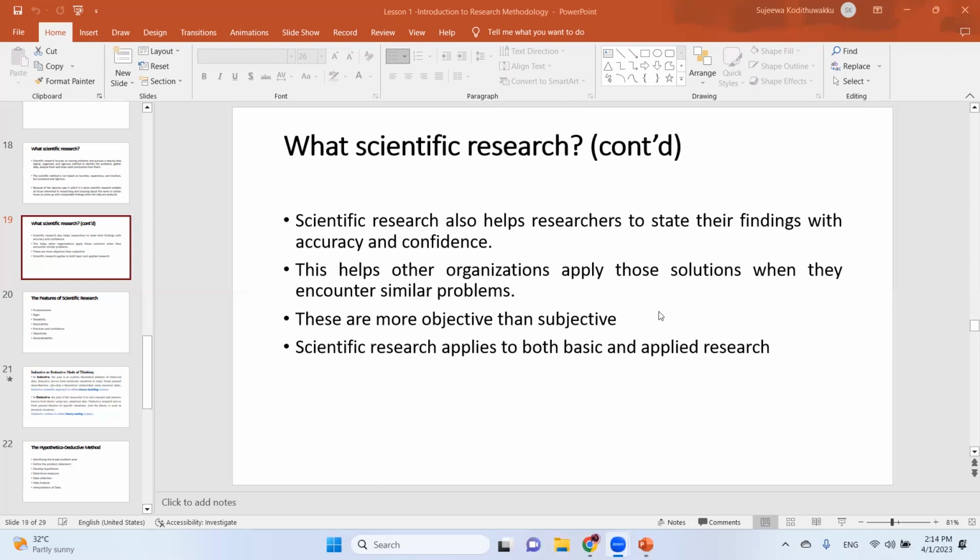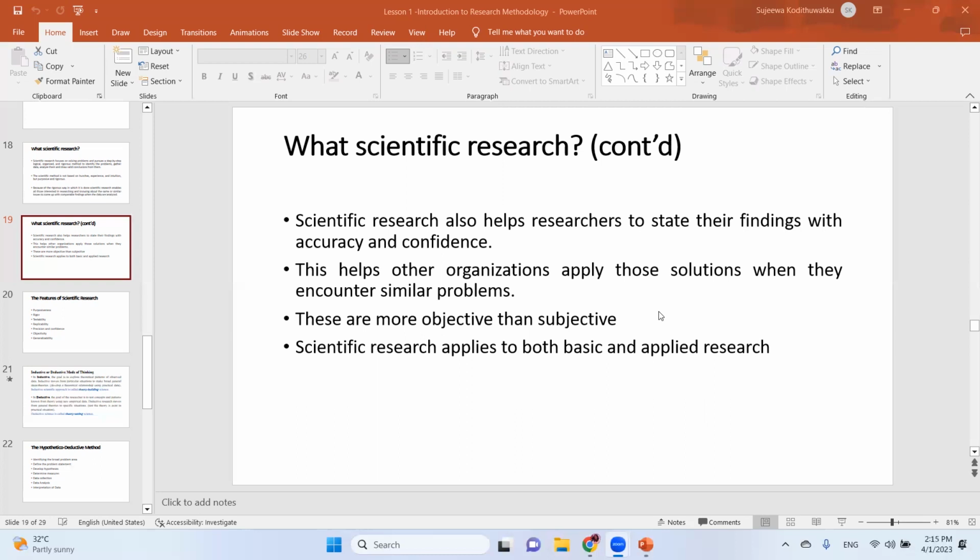If Ceylon Bank has the same issue, they can use those solutions for their problem, because the previous researcher found solutions for the same problem at a 100% or 95% confidence level, which means accurately. So another similar organization can use the same to overcome their problem. That's basically the nature of scientific research findings.